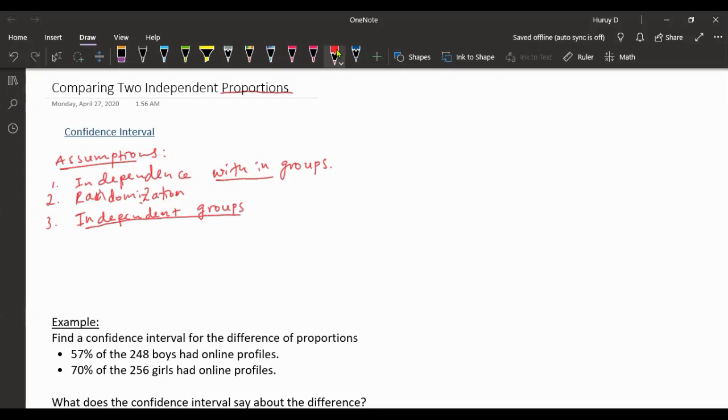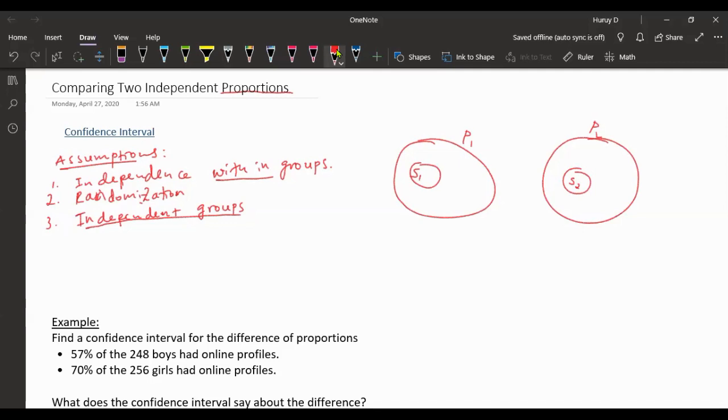The reason is that we need to differentiate between independent groups and dependent groups. Here we have two groups or two populations, and we are selecting a sample from each one. This is sample one, this is sample two. This is population one, this is population two. We are trying to compare these two populations, and to do so I select a small sample from each of them, and based on these samples I will compare the two groups.